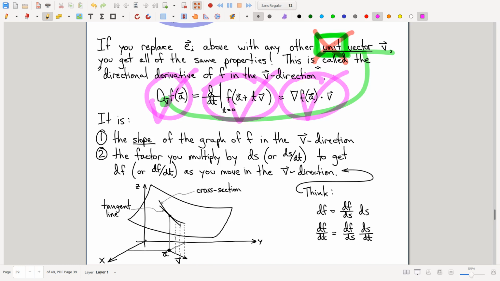No problem. What you lose is you can no longer interpret your result as being a slope, and you can no longer interpret what you've got as being a multiplicative factor. And so you can no longer write it as df/ds. So all of that goes out the window.